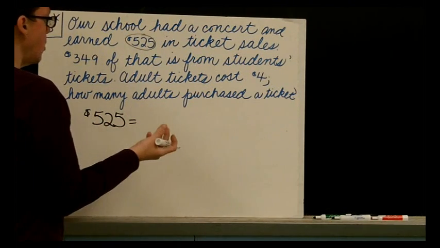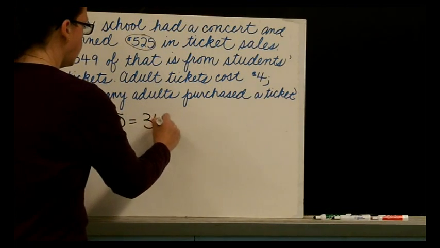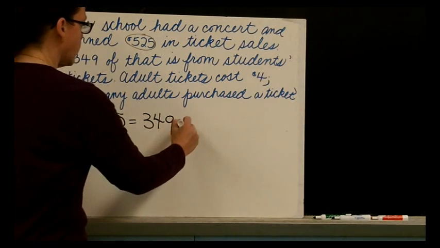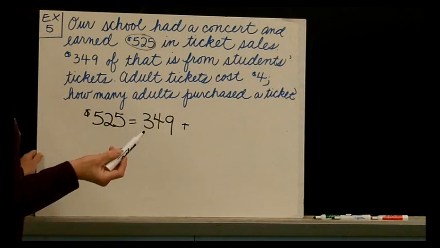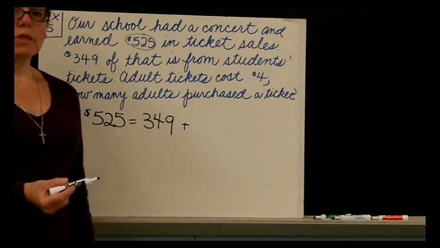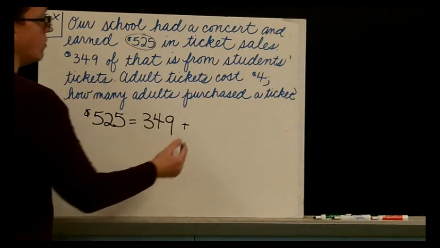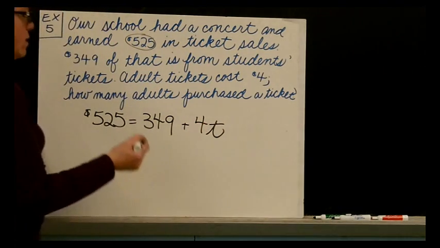And there were two components that made up that total. The student sales of $349 and adult sales. Now, while we don't know how much money the adult sales brought in, we do know that each one was $4 a ticket.